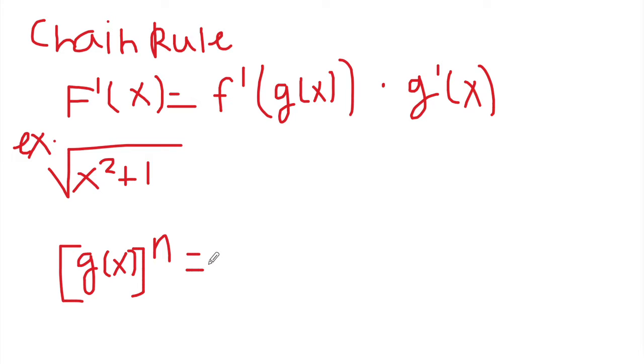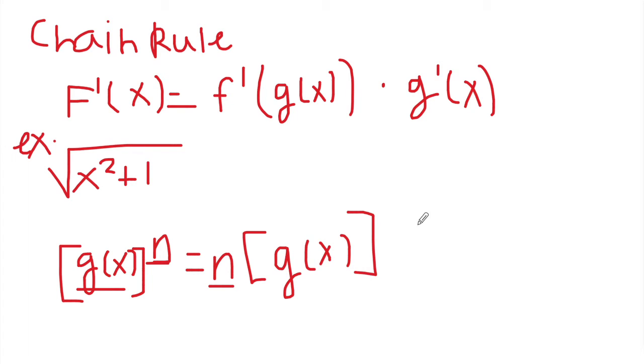So first the outer part. g of x is inside this n, so you first have to do the n. For the n, you just use the normal power rule. So it'd be n times g of x, because you have to do first the outer part. You take the derivative of the outer part, which is just n, and then n minus 1 here. And then you take the derivative of the inside part, which is g prime of x.